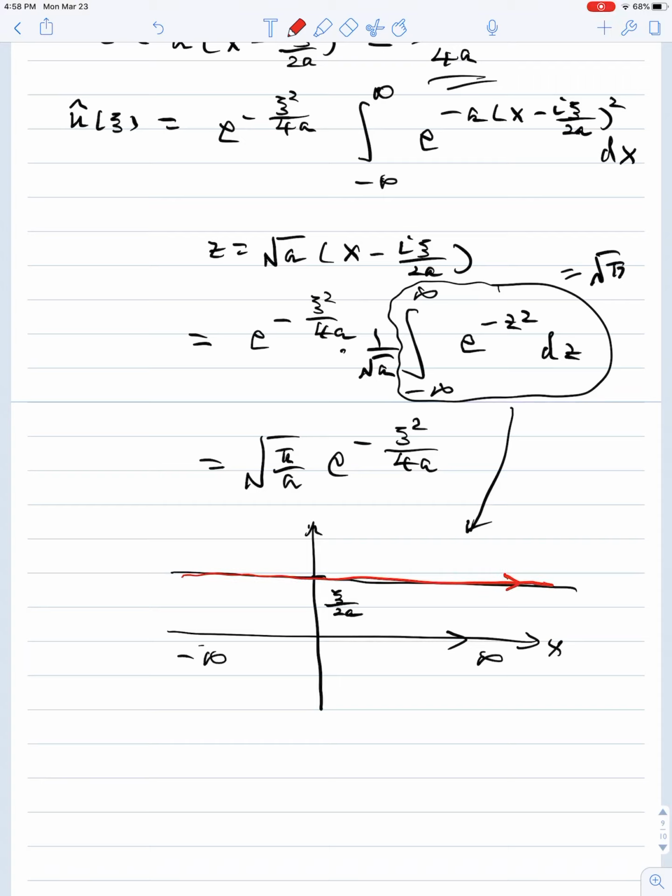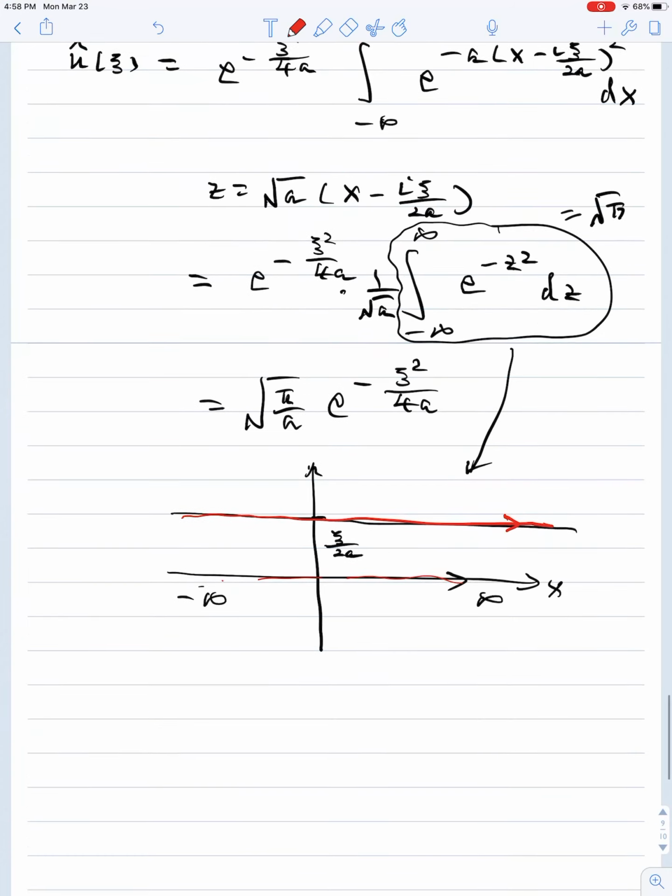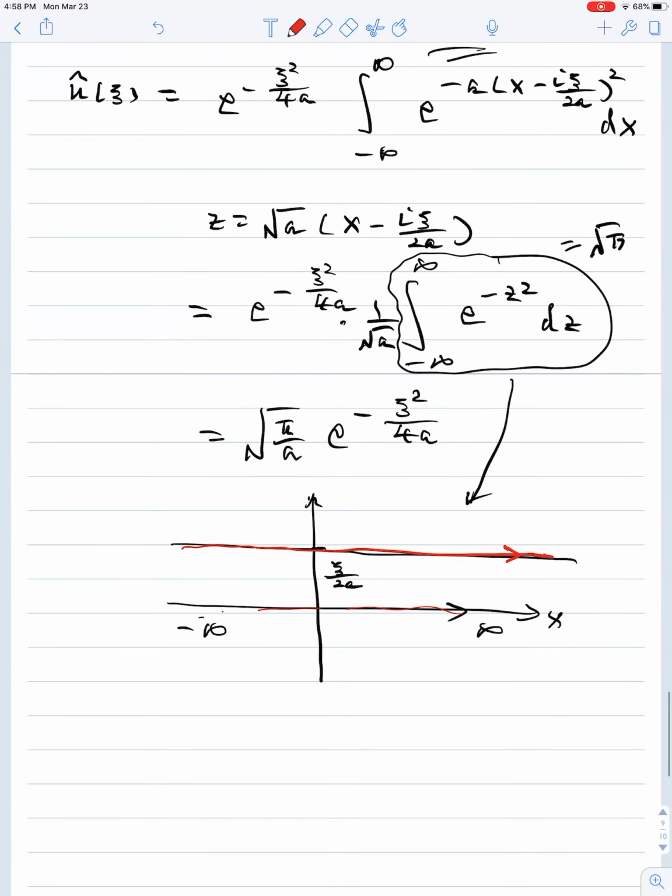It turns out that these two integrals, running along this real line and this line here, are the same. You would have to refer back to what you learned in complex variables. The reason is that this function is an entire function, it has decay properties, and it has no singularity between these two lines. I'm not going to get into this; you can just assume that what we did here is legitimate.